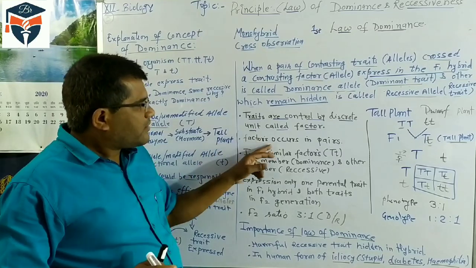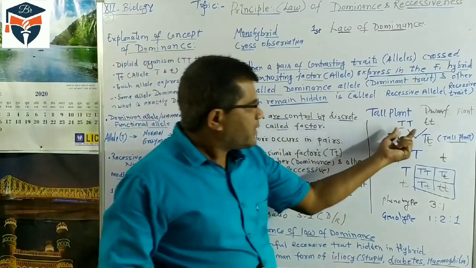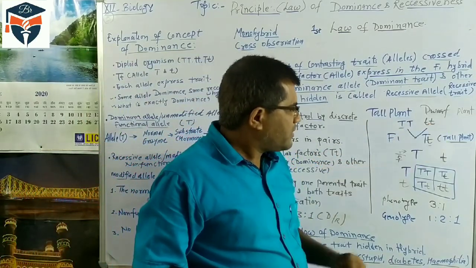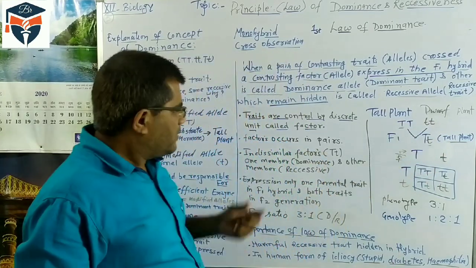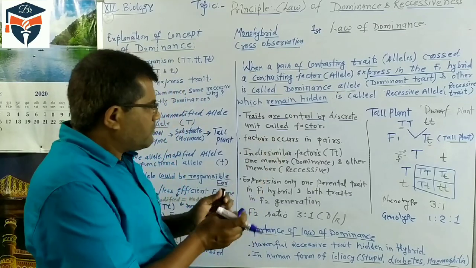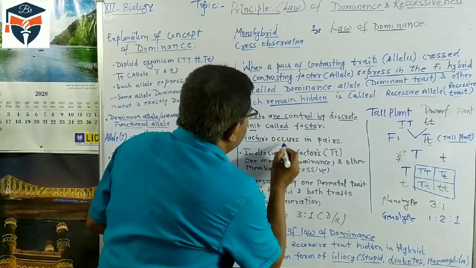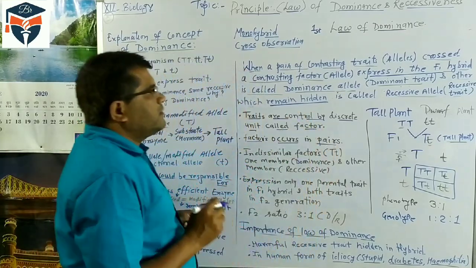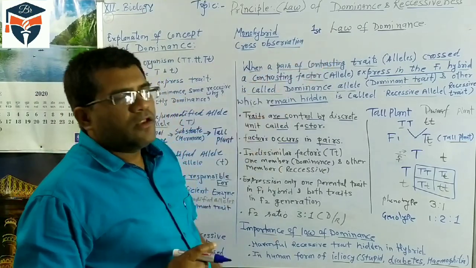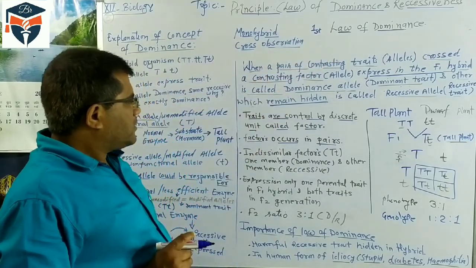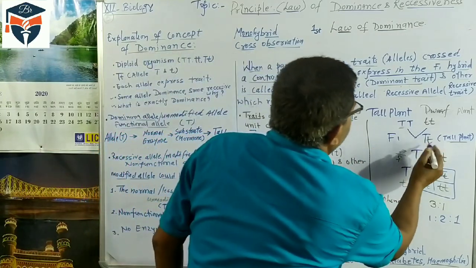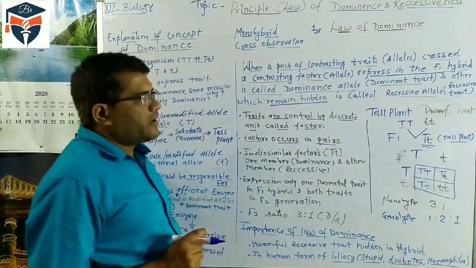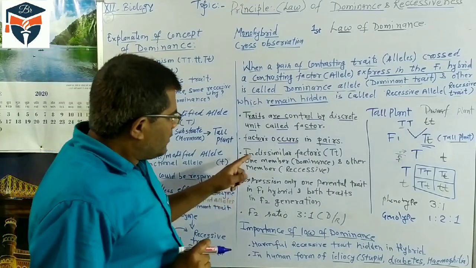Second point, the factors occur in pairs. You will see capital T, small t, and in the heterozygous condition, capital T and small t, two alleles are here. So factors occur in pairs. Third is dissimilar factors. Here I am talking about the heterozygous condition, capital T and small t.